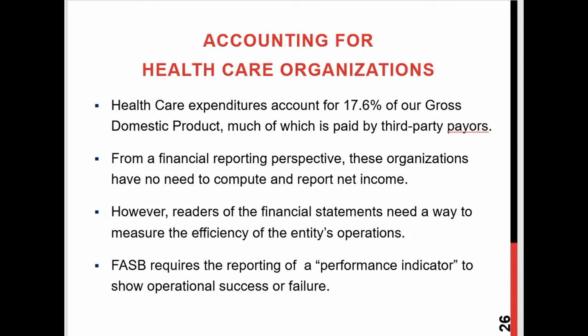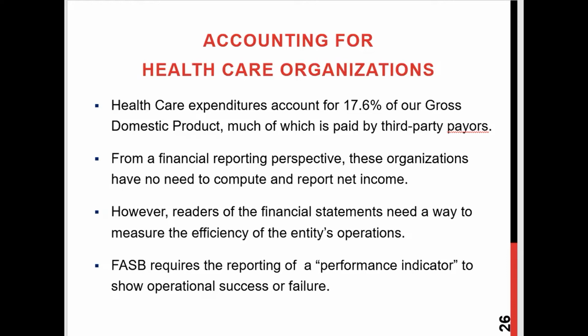And you know, healthcare expenditure is really huge in the USA, and it is mentioned that a few years back it was about 17.6% of our gross domestic product, and in most cases this amount is paid by third-party payers.